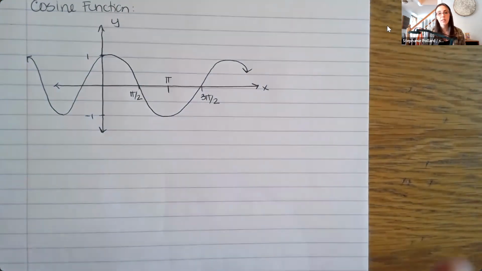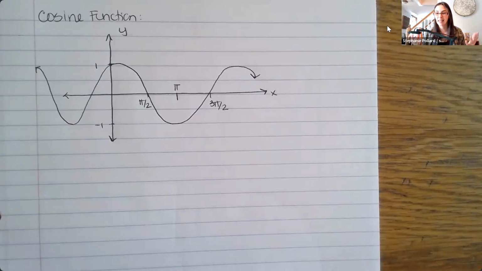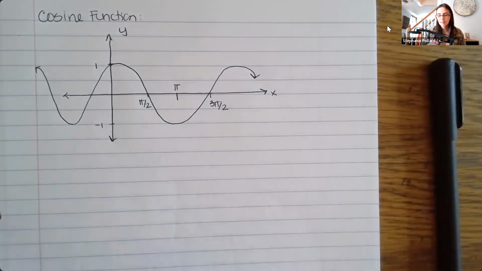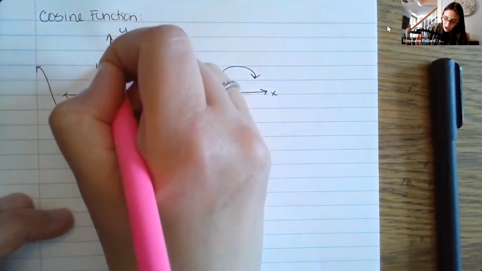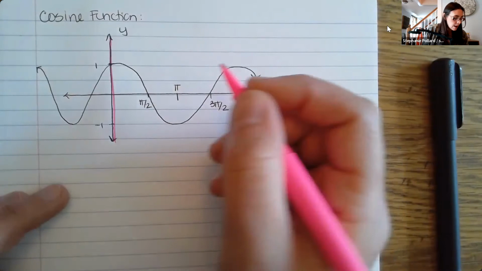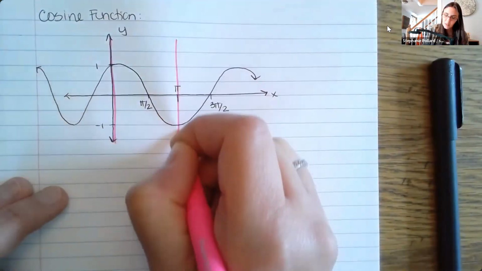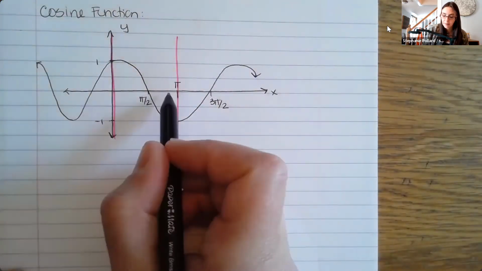And again, looking at the cosine function, you're saying, but it doesn't pass the horizontal line test. It can't have an inverse. So what we do is we restrict the domain. This is a very common thing to do with functions that don't pass the horizontal line test. We do this not just with trig functions, but it's just a matter of where we choose to restrict it. So for this one, we're going to restrict it specifically between 0 and pi.